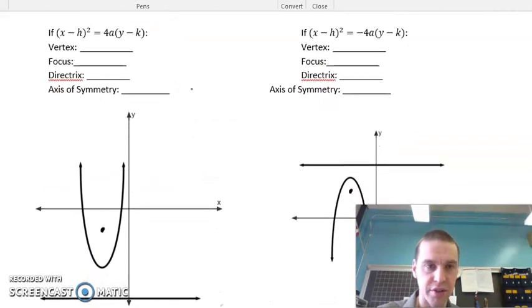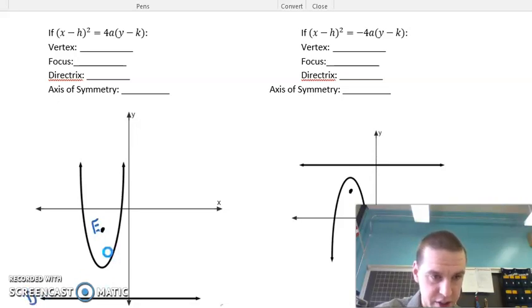Here's the focus, here's the directrix. This distance right here is extremely important. Since they're equal distance, we're going to call that value a. The distance from the vertex to the directrix, or the focus to the vertex, are equal distance.